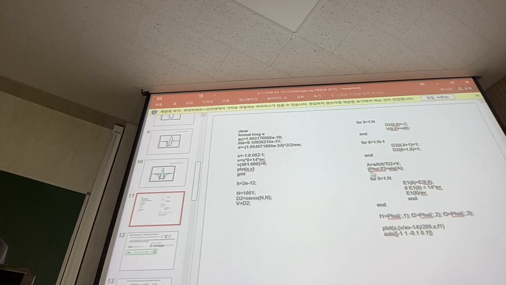And psi and E: psi is the eigenvectors as column vectors of the n by n matrix given by MATLAB, and E is also an n by n matrix, and the diagonal components of E correspond to the eigenvalues for the eigenvectors given as psi.